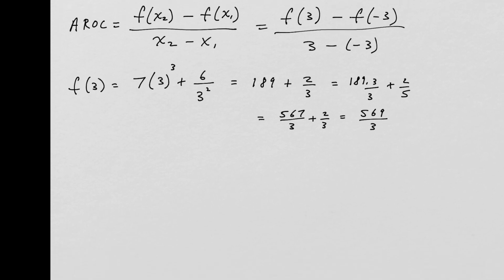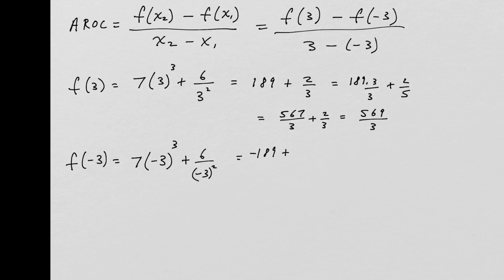Okay, what about f of negative 3? Well, it's going to be the following, where I have an x, now I plug in negative 3. Remember, this whole thing is being squared. So now, negative 3 cubed is actually negative 27 times 7, so this is negative 189.